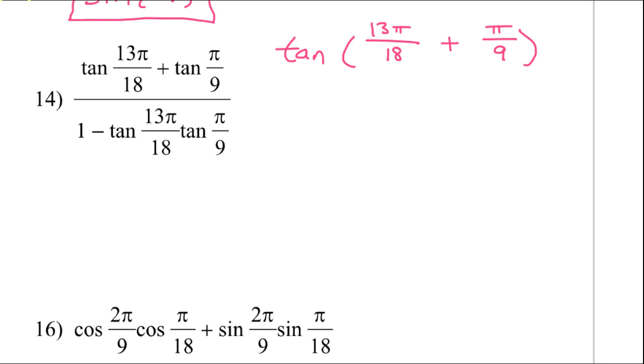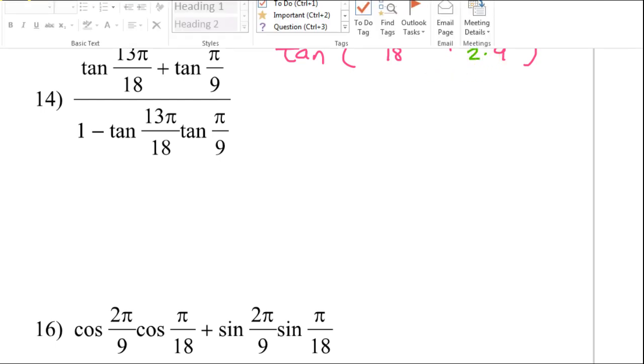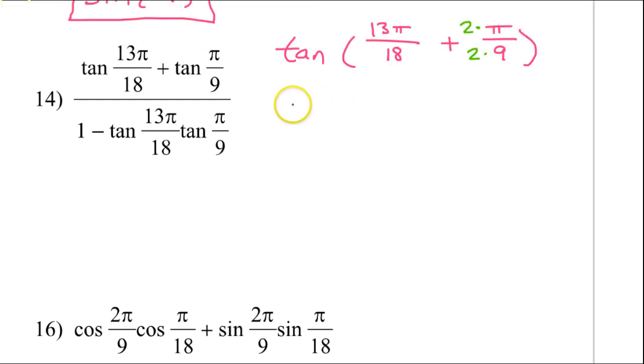So I want to be able to actually add this, so like denominators. I'm going to multiply by 2 in the numerator and the denominator. So I have 18. Okay, so that means I have the tangent of 13 pi over 18 plus 2 pi over 18, which is going to be 15 pi over 18.